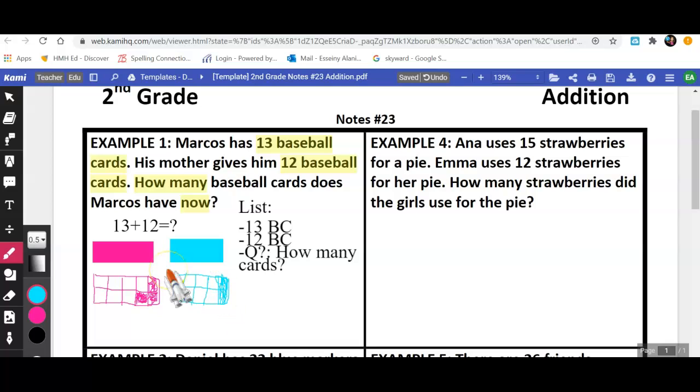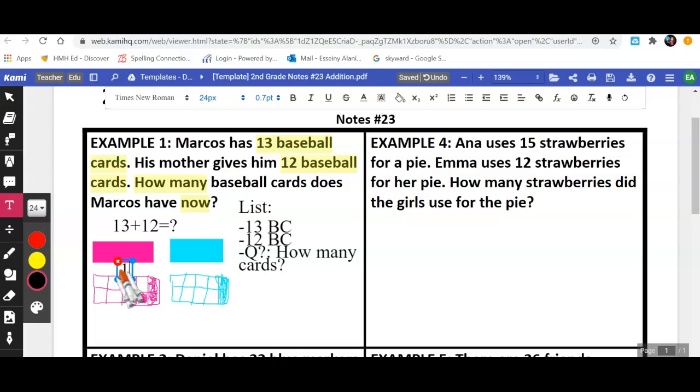Now I can skip count, kind of like when we skip counted for the coins. I can skip count right here. 10 plus 10 is 20. And then here I have 3. So this 20 right here, I have 10 plus 10 equals 20.